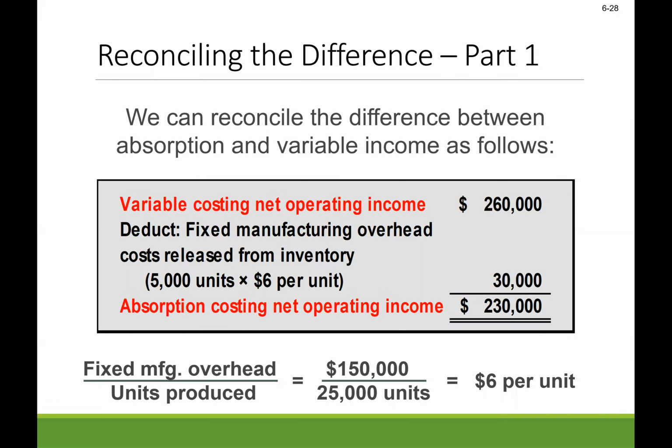They were released from inventory. So the absorption costing would be $230,000 because we are finally expensing under cost of goods sold those items the year before that were sitting in finished goods.